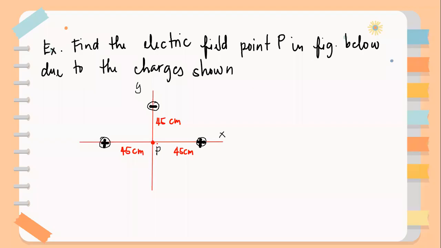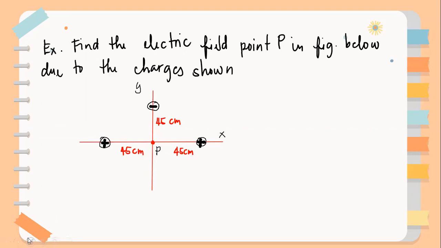Okay, this one is the given figure. We have positive charge, negative charge, positive charge. The requirement: find the electric field at point P in the figure due to the charges shown. From point P to the negative charge, that is 45 centimeter. From point P to the positive charge going to the right, 45 centimeter. And from point P going to the left for the positive charge, we have 45 centimeters.